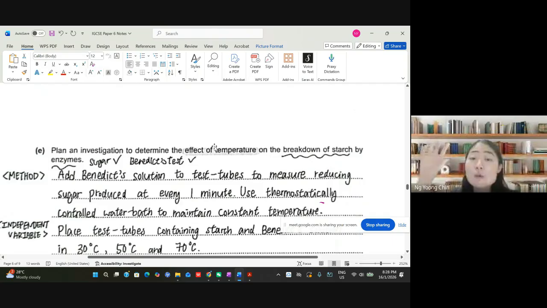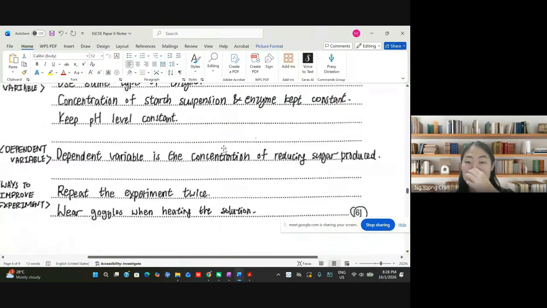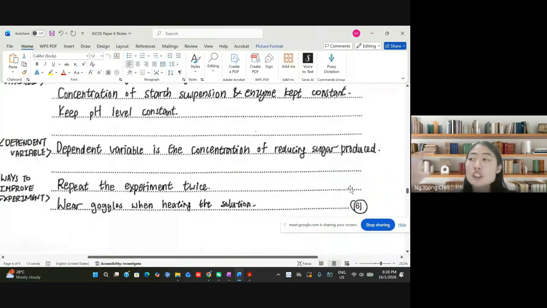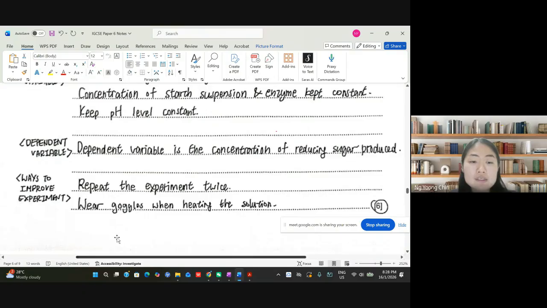So how you study your responding variable is you measure the amount of product being produced. So you measure the concentration of the reducing sugar being produced. So that's your answer. And then how you are able to improve the experiment: repeat the experiment twice and wear goggles when heating the solutions.